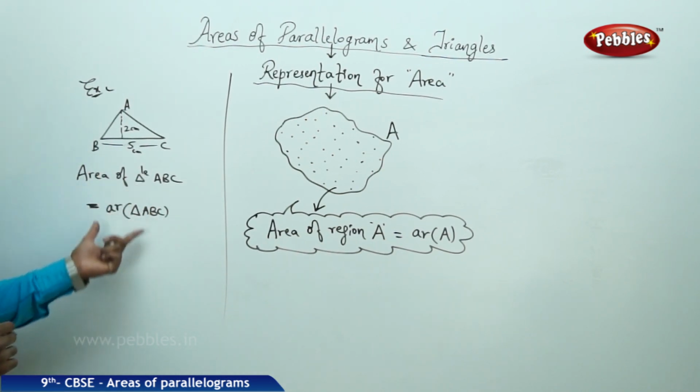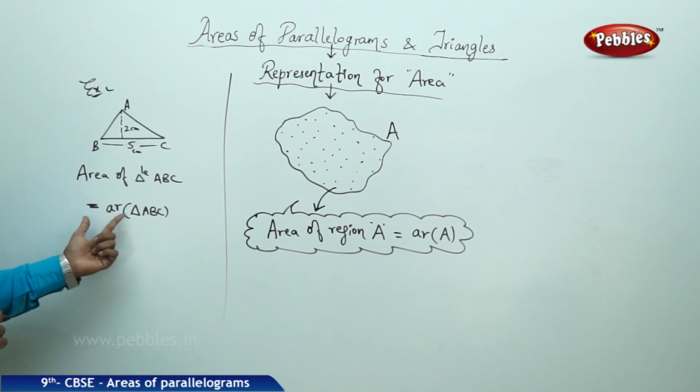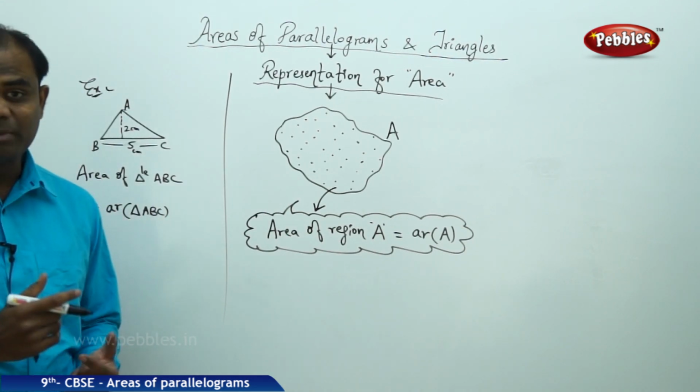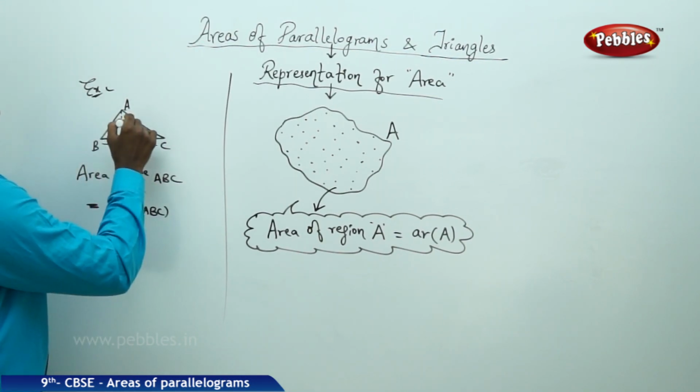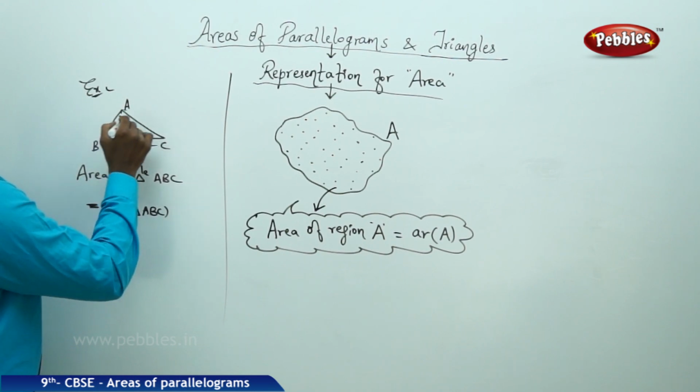That is how I denote this. AR of triangle ABC implies the area of the triangle ABC.